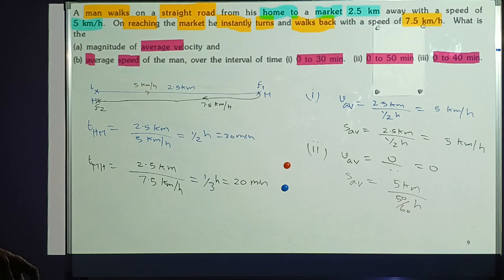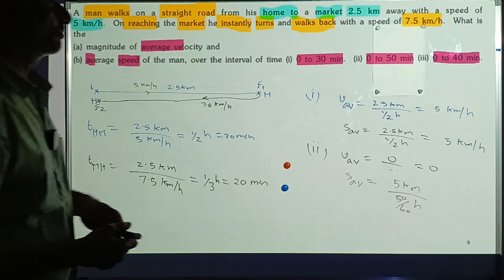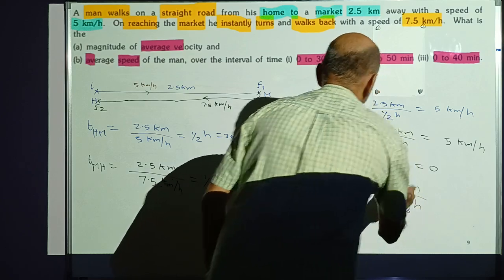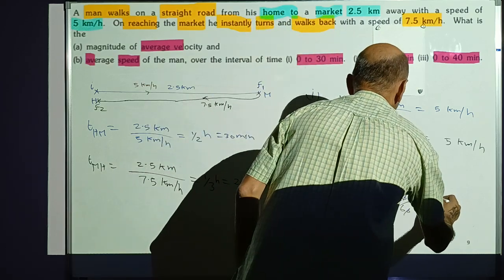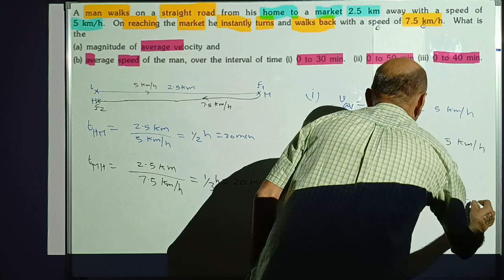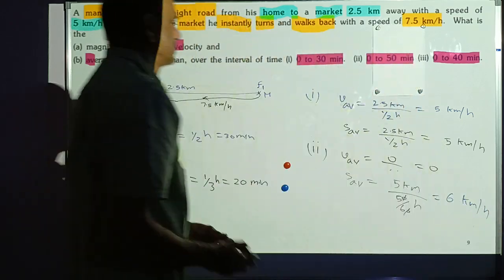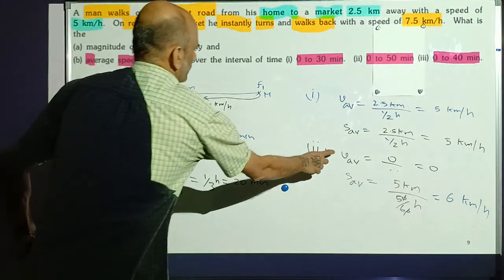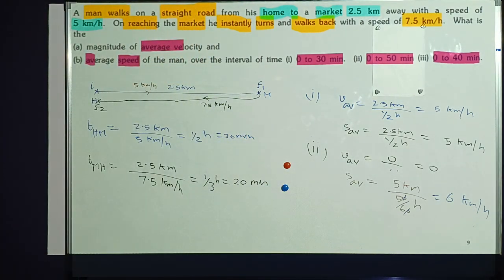So 50 minutes corresponds to 50 by 60. The 0 will cancel, 5 and 5 will cancel, so 6 will go up. So 6 kilometers per hour. In the second part of the motion, there is a turning back. So that's why the velocity and speed won't be the same, because distance and displacement won't be the same.